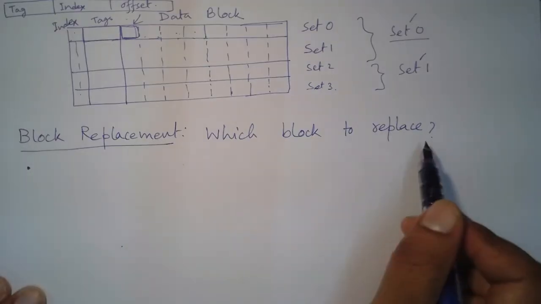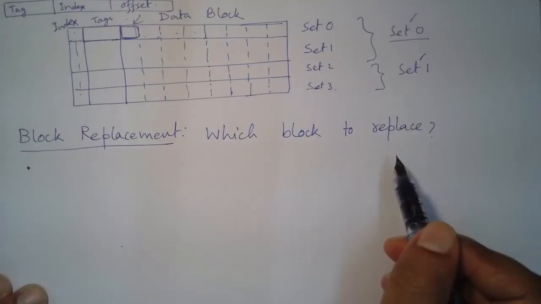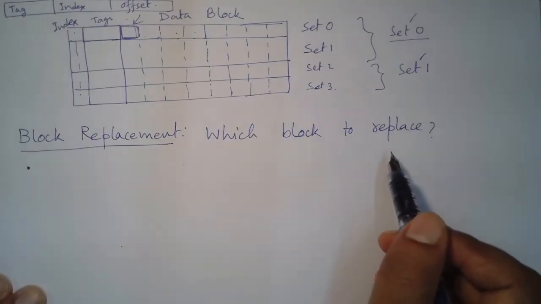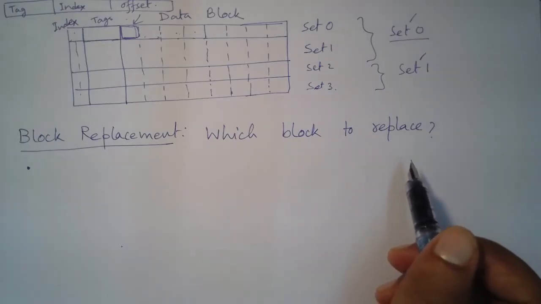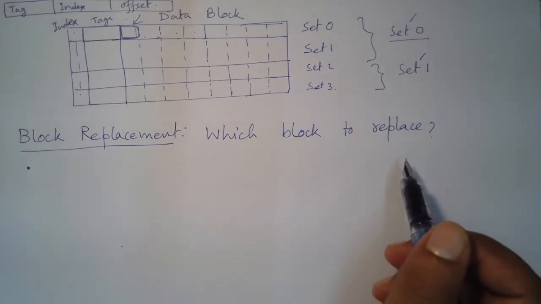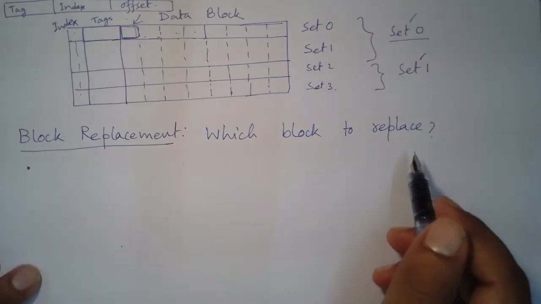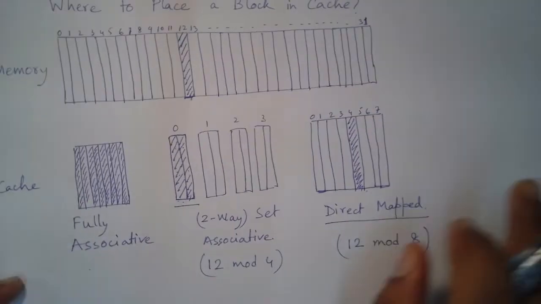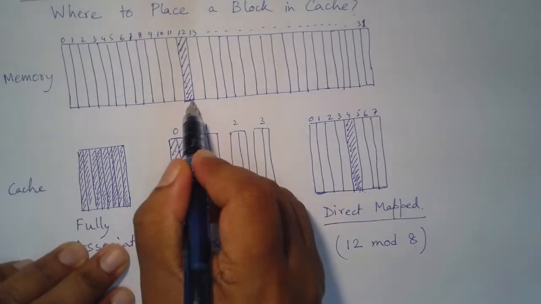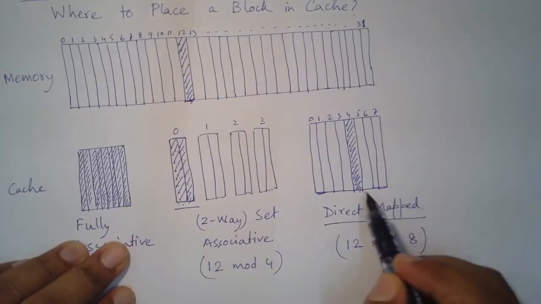For example, which block to replace, this answer will be very obvious if you are looking at a direct map cache. In a direct map cache, a particular block can go into a particular location only. So you know that this block can go only in this location, so that particular block has to be replaced. You do not have any choice in a direct map cache. Just to make sure that you appreciate this, let us say I want to bring in block number 12 in this direct map cache.